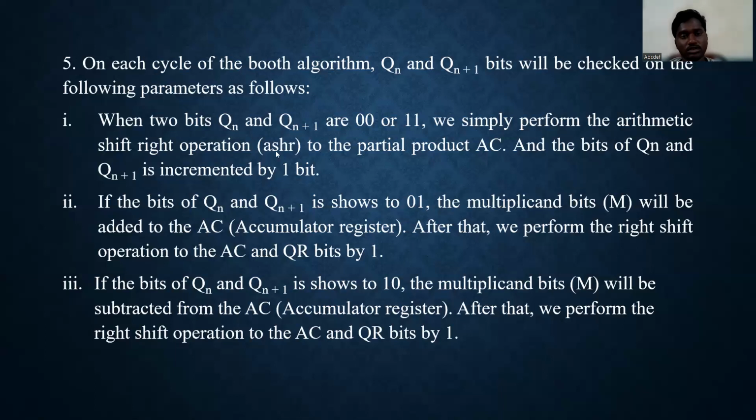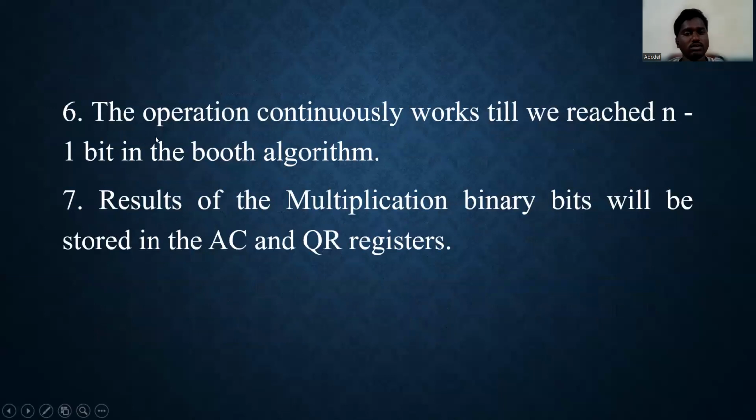These are the steps which are followed. The operation continuously works until we reach 1 bit in the Booth algorithm. The result of the multiplicand binary bit will be stored in the AC and QR registers.